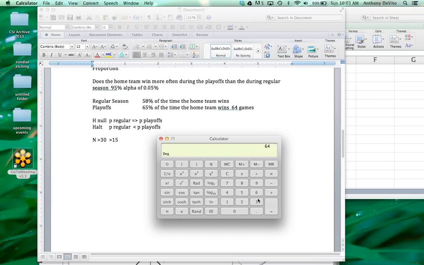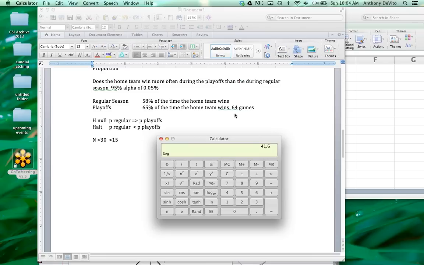64 games times 0.65 is equal to, so that's 41 wins or 42 wins, leaving 18 losses. So both sides of this possibility, this 65% sample, that 65% out of 64 games represents 42 wins and 18 losses for the home team, right?